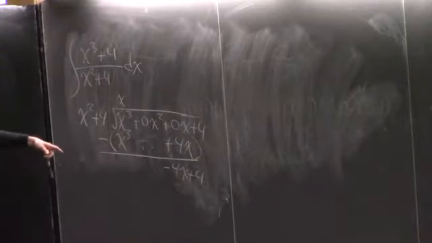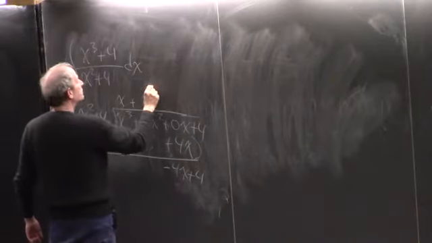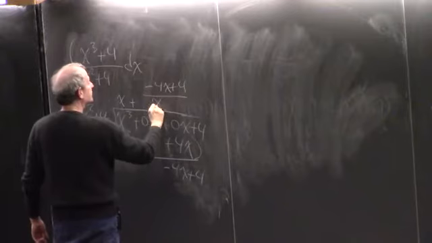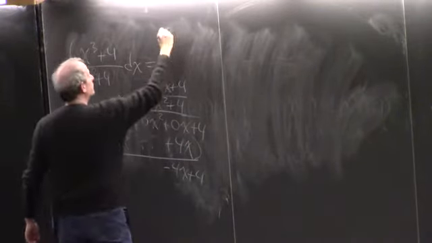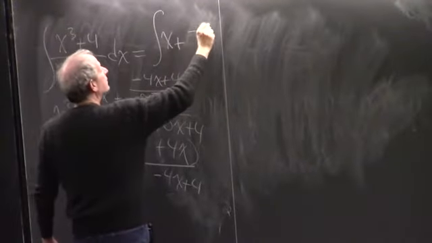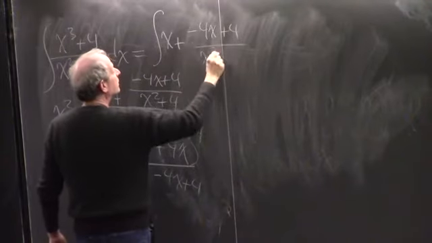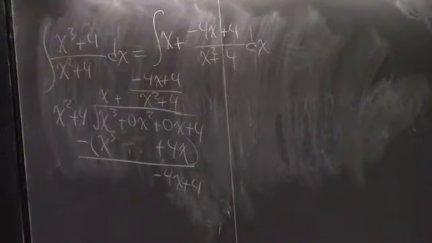Now x squared doesn't go into minus 4x. So this is minus 4x plus 4 over x squared plus 4. So this integral would become the integral of x plus negative 4x plus 4 over x squared plus 4 dx.